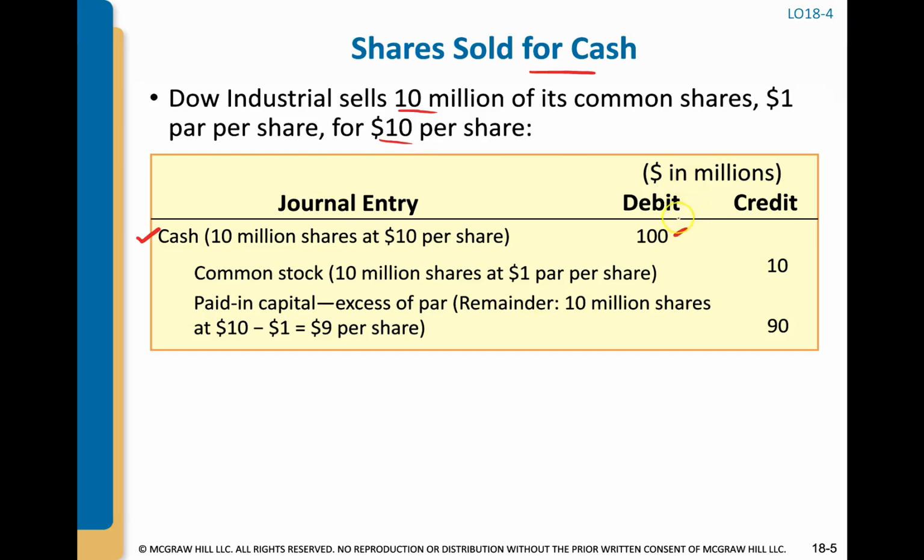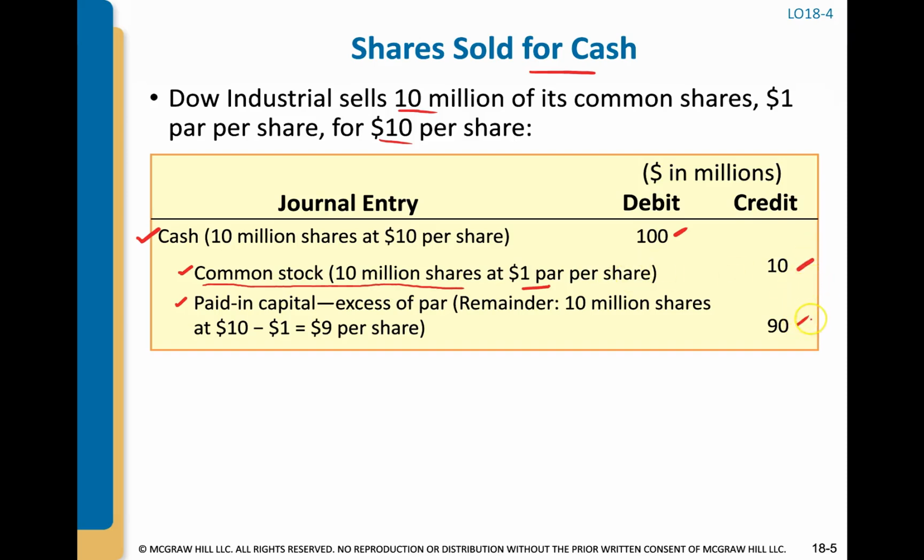So debit 100. Then we have to credit the common stock account and the paid-in capital in excess of par account. For the common stock account, you take the number of shares multiplied by the par value. In this case it's 10 million times a dollar, so it's $10 million.